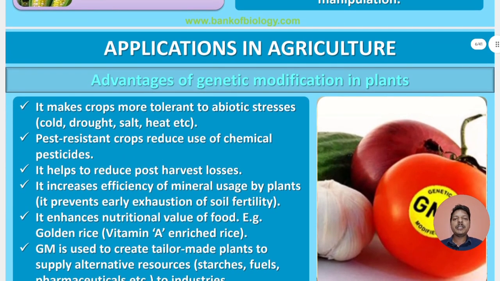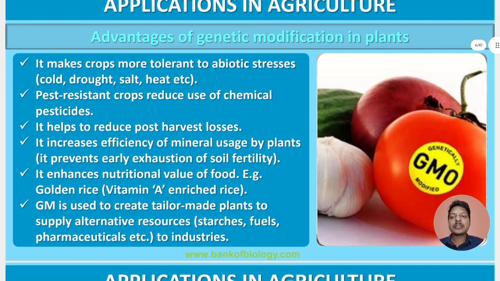Coming to advantages of gene modification in plants. It makes crops more tolerant to abiotic stresses, that is cold, drought, salt, heat, etc. Pest resistant crops reduce the use of chemical pesticides. It helps to reduce post-harvest losses.